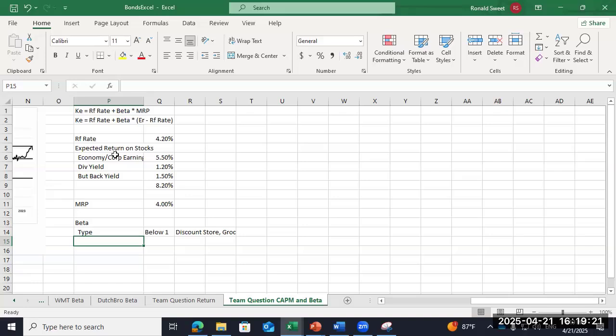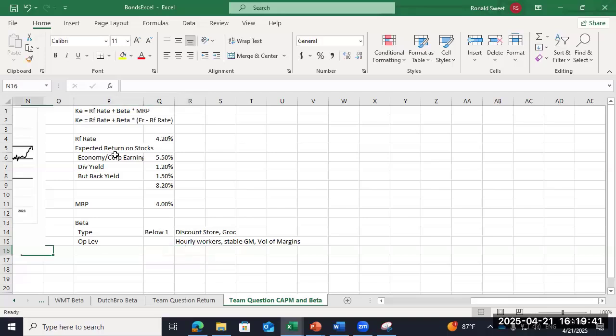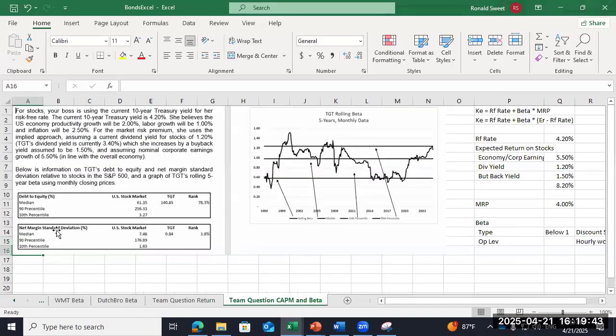All right. Then the operating leverage, well, they probably have hourly workers, right? That probably gives them low leverage. They have pretty stable gross margins. Whatever you're going to say there, but the ultimate is the volatility of margins. And what was their volatility of margins? What did you notice here?